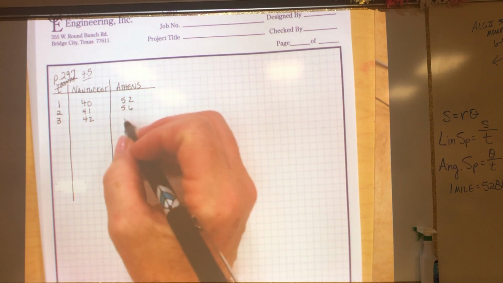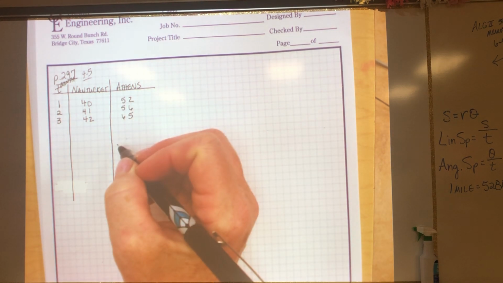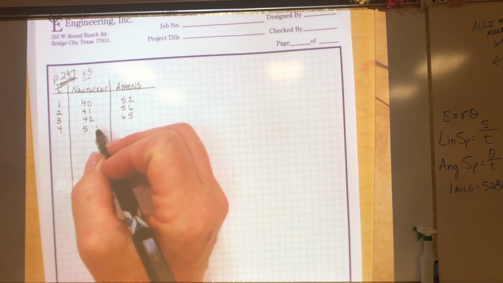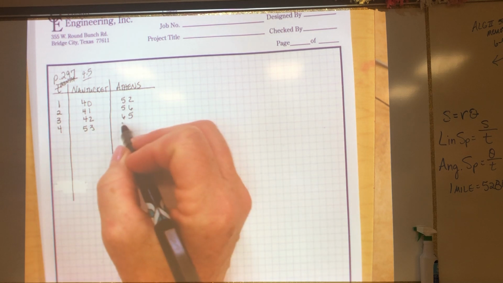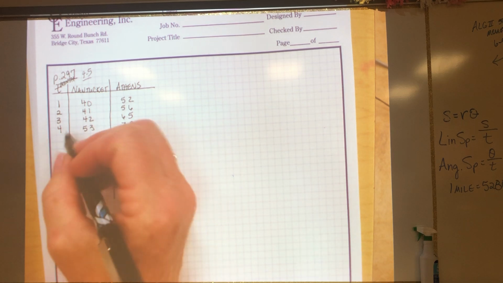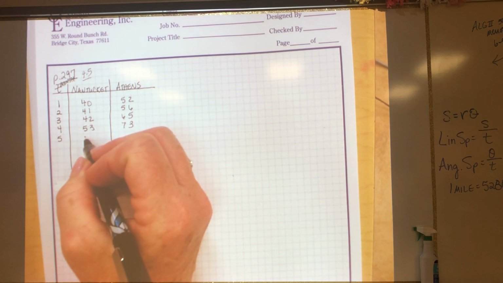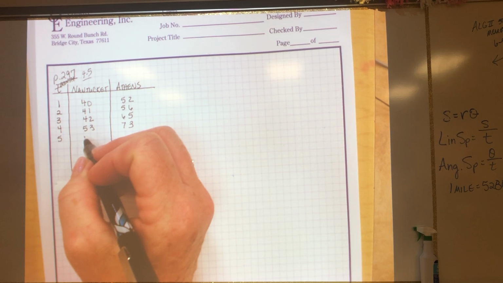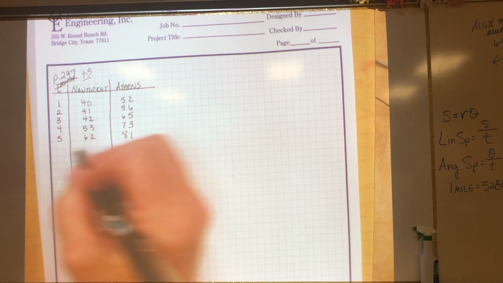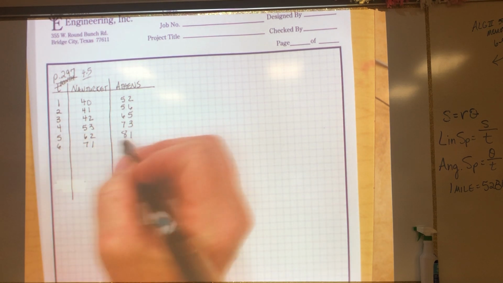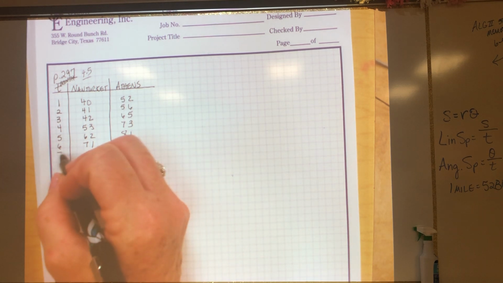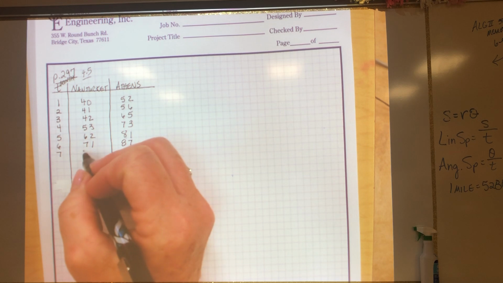Nantucket's 42 and Athens is 65. Number 4 is 53 and 73. Number 5 is 62 and 81. Number 6 is 71 and 87. Number 7 is 78 and 90.